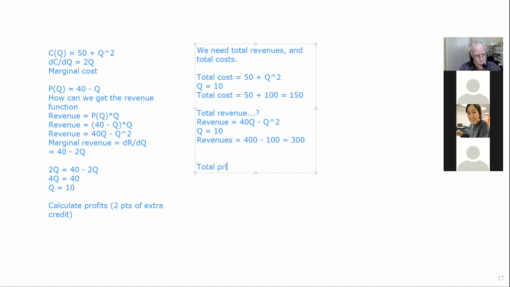So what are total profits in this case? It is 150. Good. Yes, total revenue minus total cost. And we have just been told, and we verified, that total revenue is 300, and then total cost is 150, or total profit of 150 in this case.